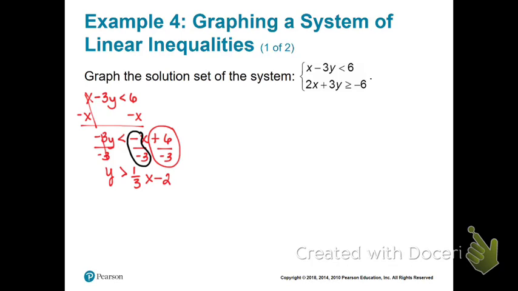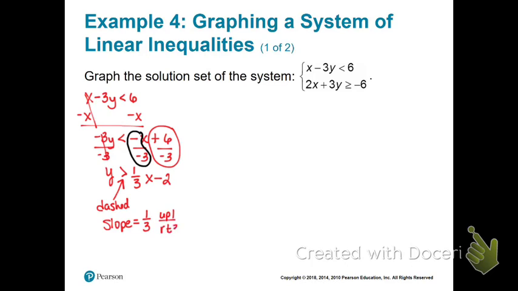Negative 2. Now to help me remember real quick, because we know I'm really bad about forgetting until after I draw my line, is this line going to be solid or dashed? It's going to be dashed. Alright, what is my slope? 1/3, which means when I graph it, I'm going to do what?